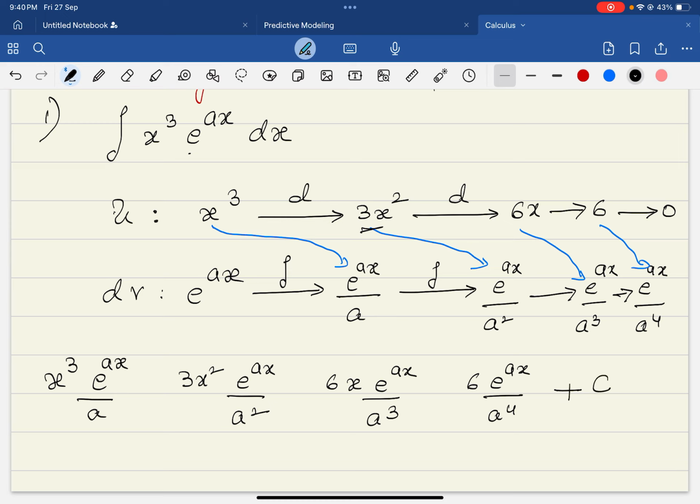Now for all these terms in between, always start with a plus sign. Alternately you have to put plus and minus. So plus minus plus minus. So the constant is of course plus.